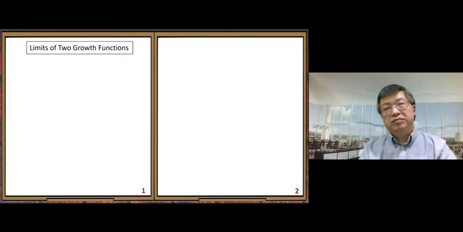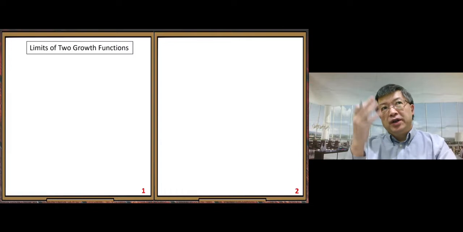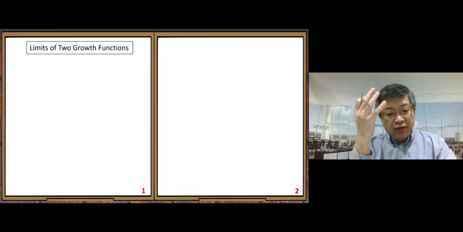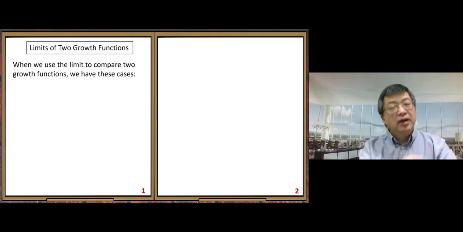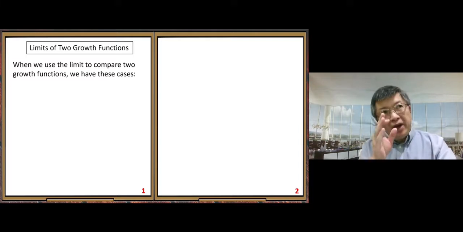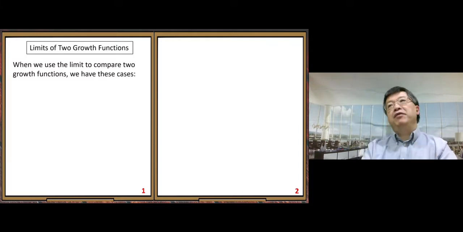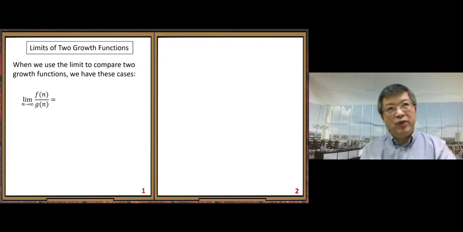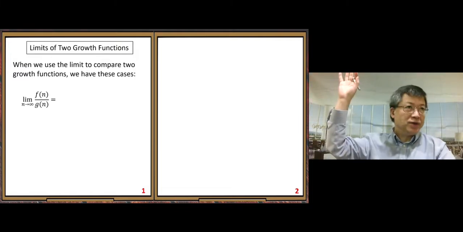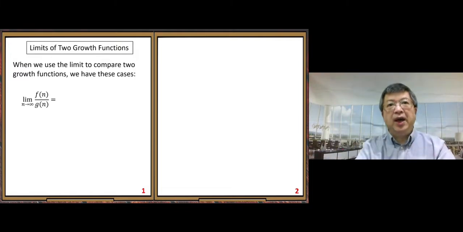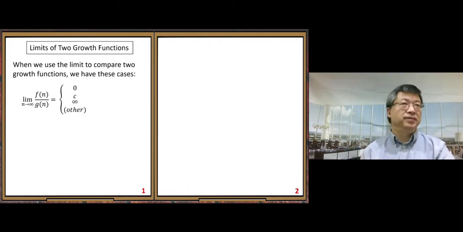In that procedure, using that limit, typically, how many cases do we have? Look at this ratio when n goes to infinity. We consider all the possibilities. So look at these cases.